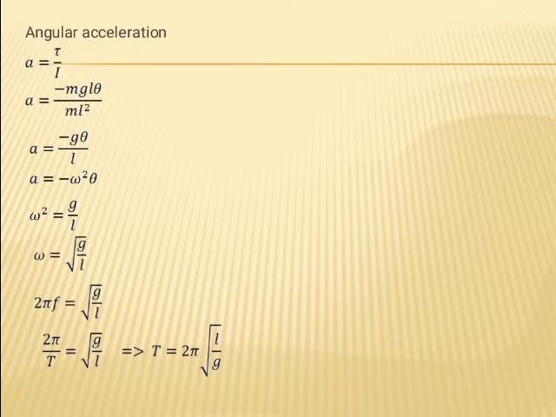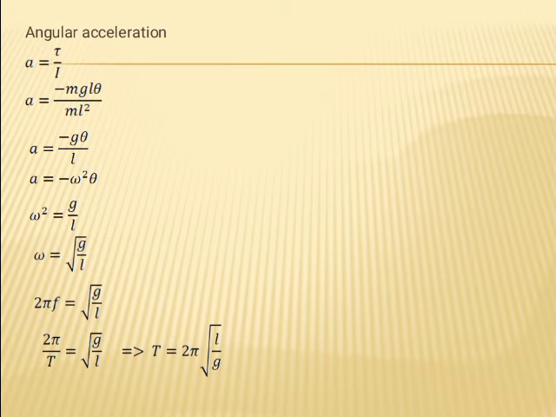Previously we calculated moment of inertia as ml square, and what is tau? It is mgl sin theta, and sin theta became theta, so your tau would be mgl theta. So you are substituting the values here, right?